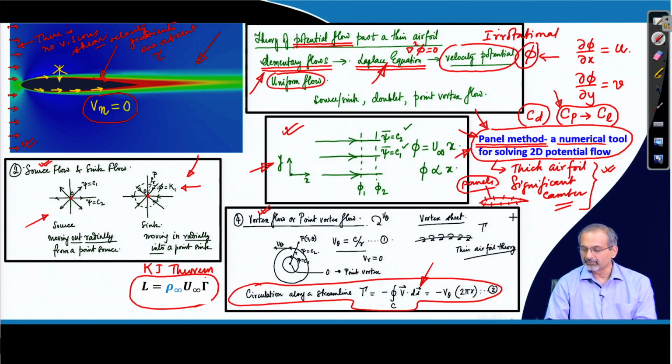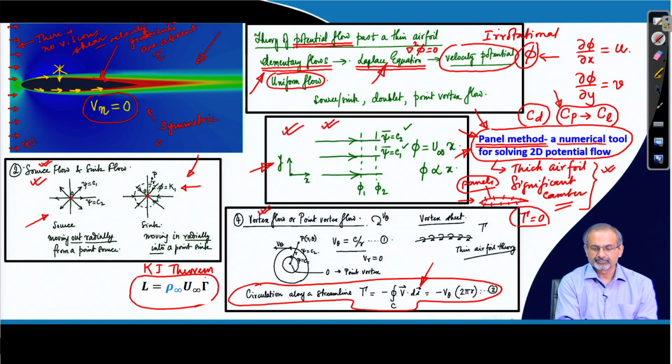So, if you are modeling a flow where circulation is 0, that means you are modeling a non-lifting flow, you can distribute point sources and sinks and combine it with an uniform flow to generate a non-lifting flow past an airfoil. Let us say a case like this: symmetric airfoil at 0 degree angle of attack.